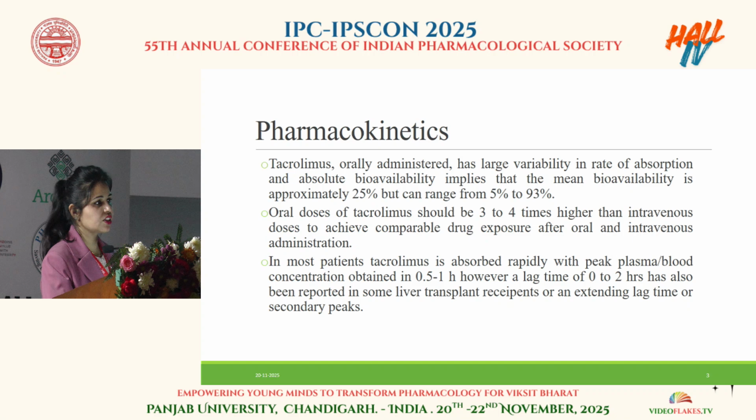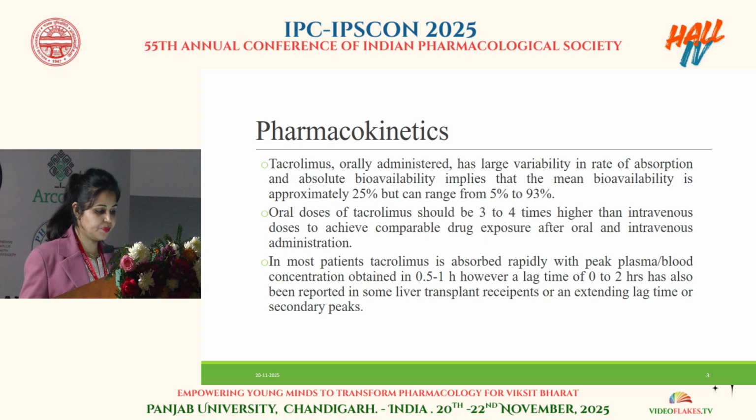First of all, I would like to explain the pharmacokinetics of tacrolimus, because before proceeding with tacrolimus-induced nephrotoxicity, we need a brief introduction of how this drug works in our body. It has highly variable pharmacokinetics. If we orally administer this drug, the bioavailability varies from 5 to 93%. Oral doses of tacrolimus should be 3 to 5 times higher than intravenous, because of bioavailability differences due to differences in CYP3A4 expression, drug-drug interaction, drug-food interaction, and certain other factors.